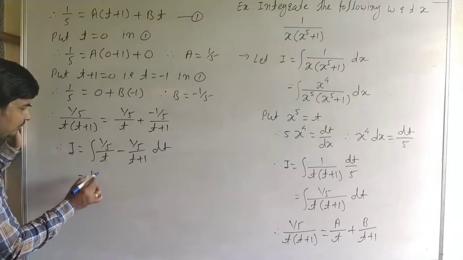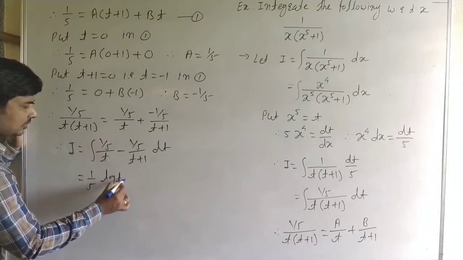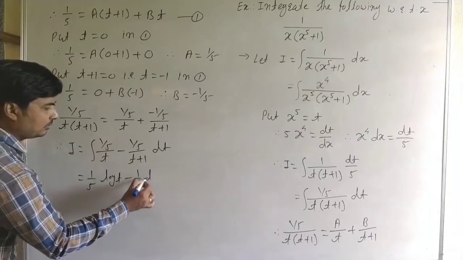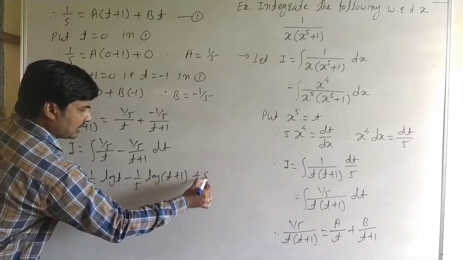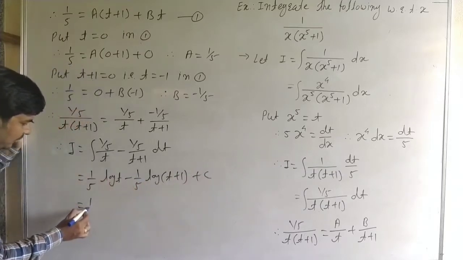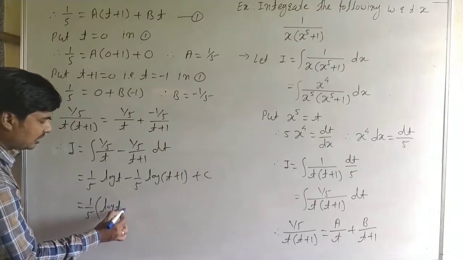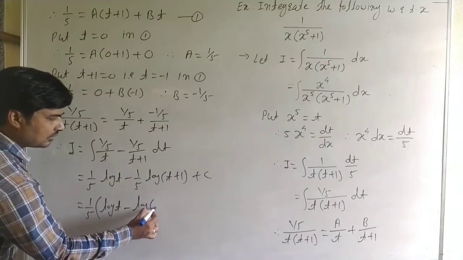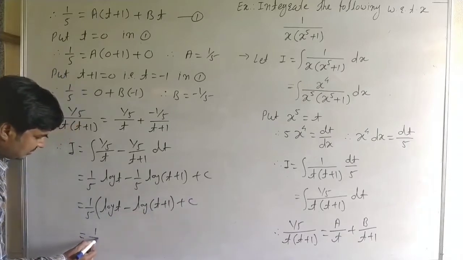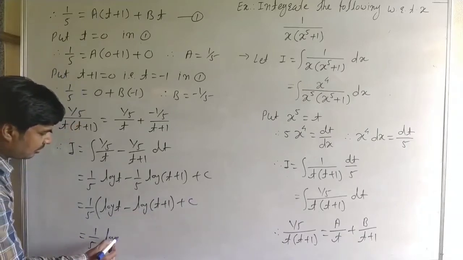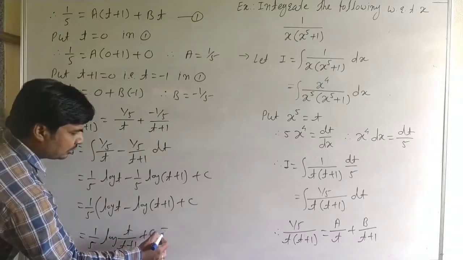It is 1 by 5 integral of 1 by t, which is log t, minus 1 by 5 into log of t plus 1 plus c. Now we take 1 by 5 common, then it is log t minus log of t plus 1 plus c, and that is the last answer: 1 by 5 log of t upon t plus 1 plus c.